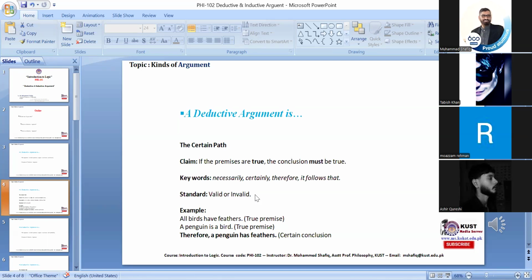For example, if I say that all men have wings, Ali is a man, therefore Ali has wings. Now, although this argument is not true because men do not have wings, obviously, because we started from the general supposition that all men have wings, and the conclusion follows from these two propositions, that all men have wings and Ali is a man.